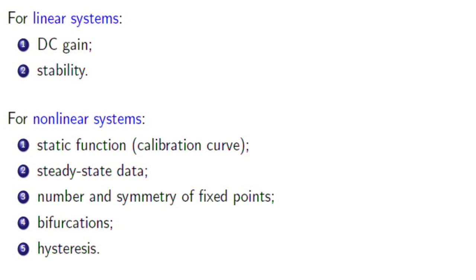Other things that we have done, I'll show you an example of hysteresis as well, is, for instance, to guarantee that the system has a certain number or a certain symmetry of fixed points, or we want the flow to be symmetrical. That is useful for a number of reasons in some applications. For instance, we are able to impose certain types of bifurcations on the model.